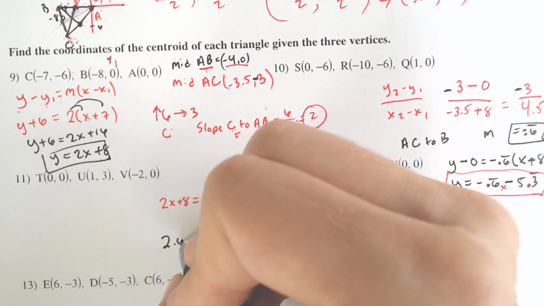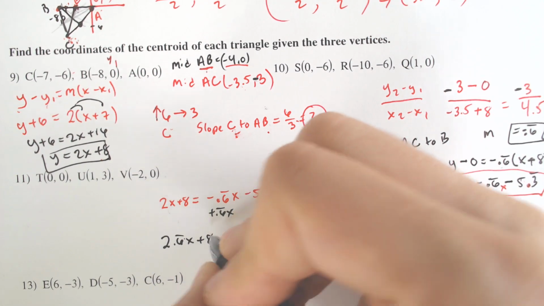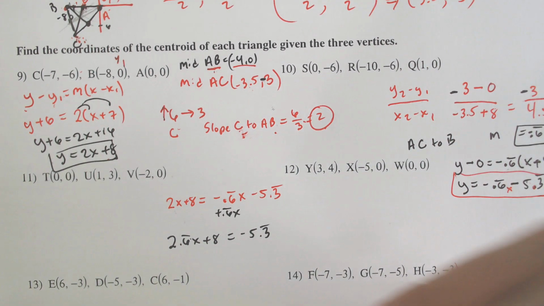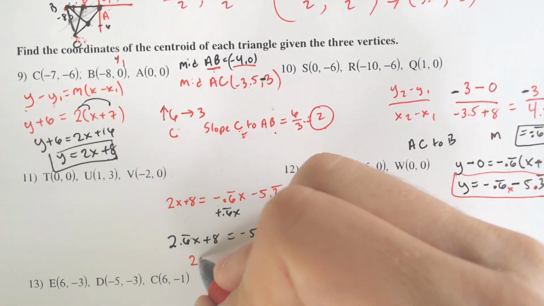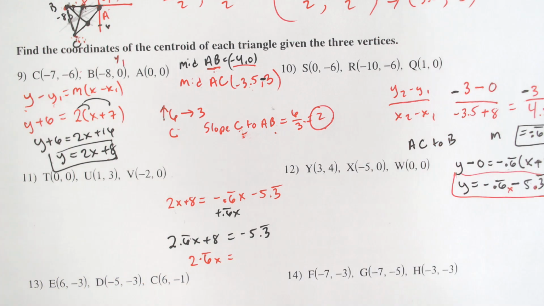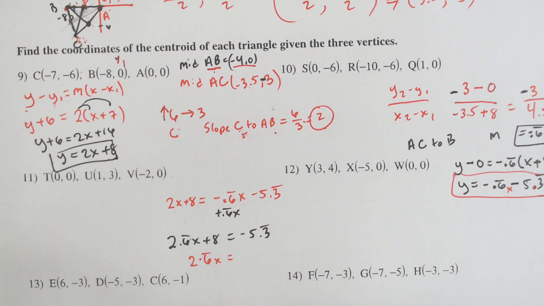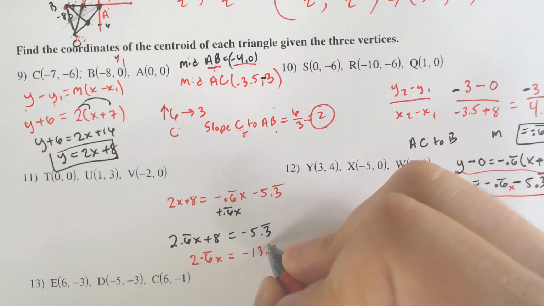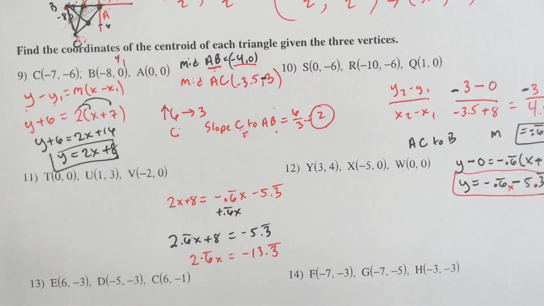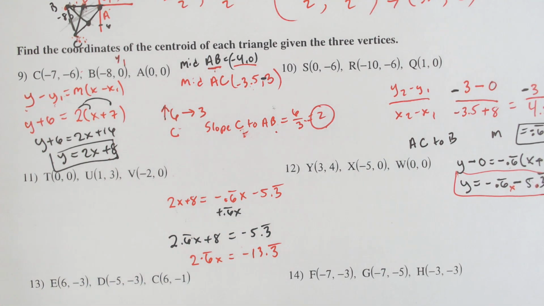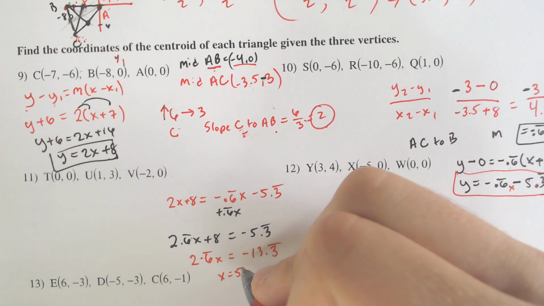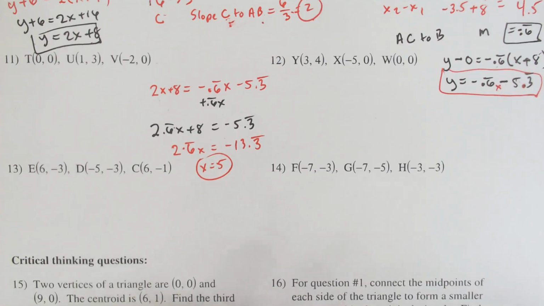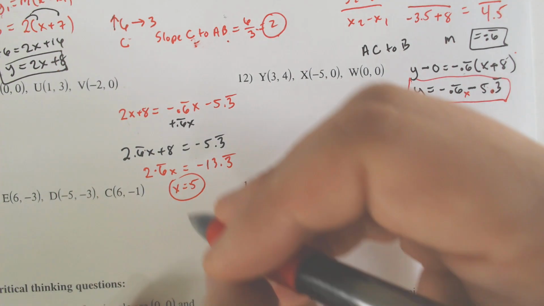You get 2.6 repeat x plus 8 is equal to negative 5.3 repeat. Subtract the 8 over. 2.6 repeat x equals negative 13.3 repeat. Divide by 2.6 repeat, and you get x is equal to 5. Whew! Might have been easier just to graph this thing.